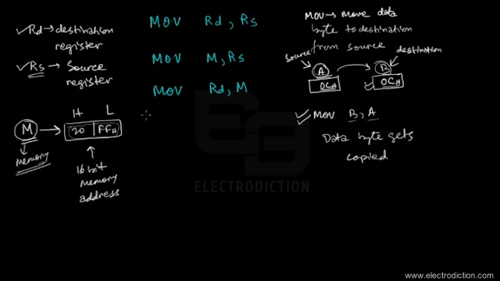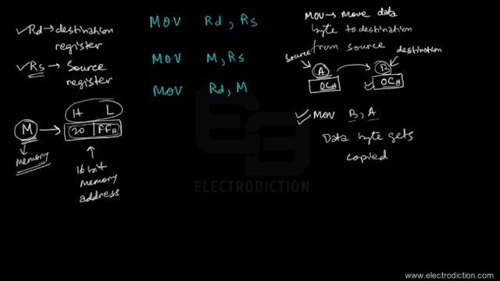We can use the MOV command along with M, which corresponds to the memory location stored in the HL register pair, and by doing that we can exchange data bytes between that memory location and a corresponding register.